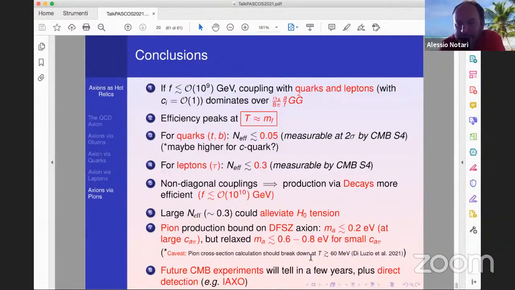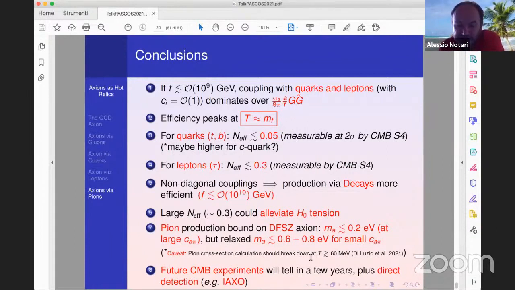I mean, not some general axion-like particle, but hot QCD axion production. Yes, but it would be similar for any axion-like particle as long as the mass corresponds to a relativistic particle, so less than 0.1 electron volt or electron volt.